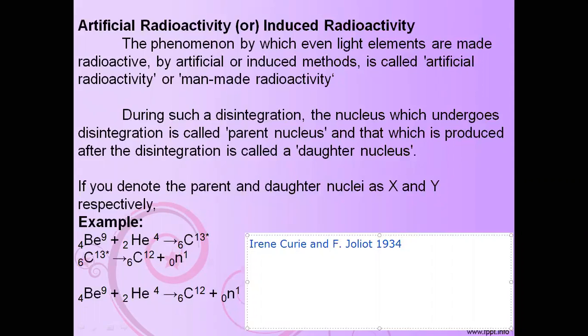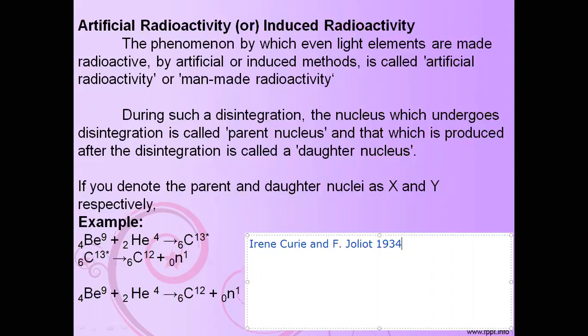The substance that undergoes the radioactivity process is called the parent nucleus. After that we get the product.